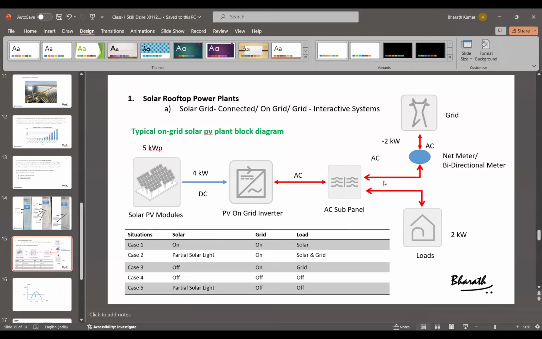Actually, in this inverter there is a feature called anti-islanding. Anti-islanding means if the reference power is not there, it won't generate. It will stop the power generation. Even if you have good sunlight and a good DC input, this inverter won't generate and won't feed our loads or give any output.